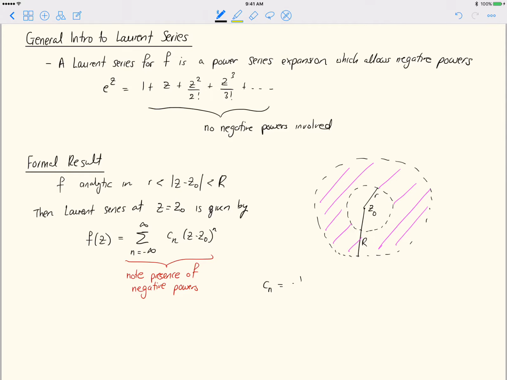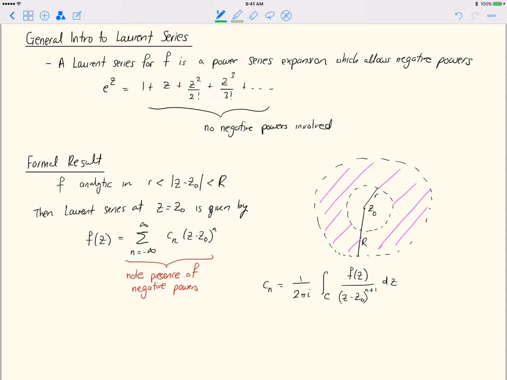It's defined to be 1 over 2 pi i, and then a contour integral around C of f of z over (z minus z naught) to the power of n plus 1 dz. Now what is C? C is any closed contour that lies in that annulus, going in the positive anticlockwise direction.